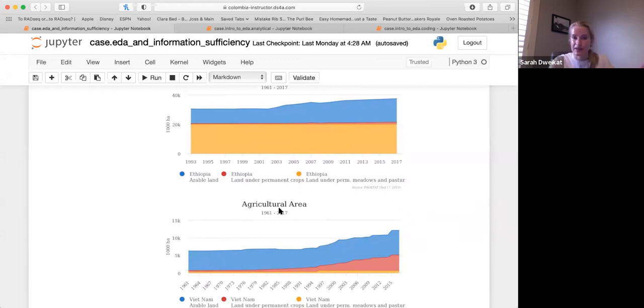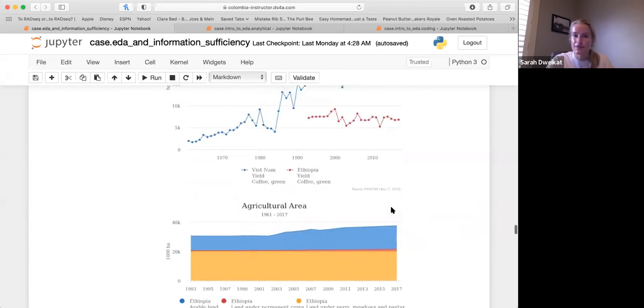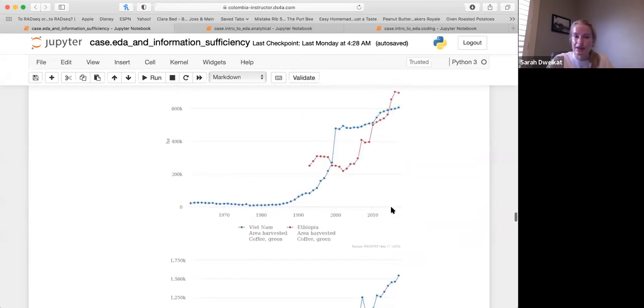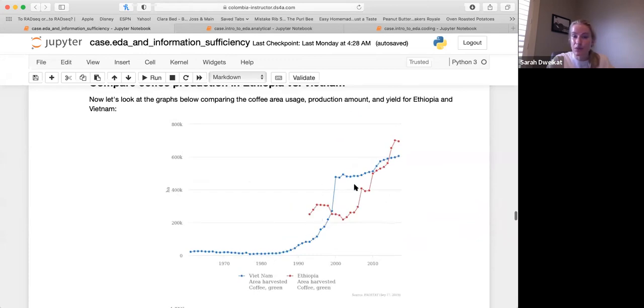A greater percentage. But what we notice is that, we already saw up above that Vietnam went ahead and devoted way more land over time. They started drastically increasing the amount of land that they were harvesting coffee from.